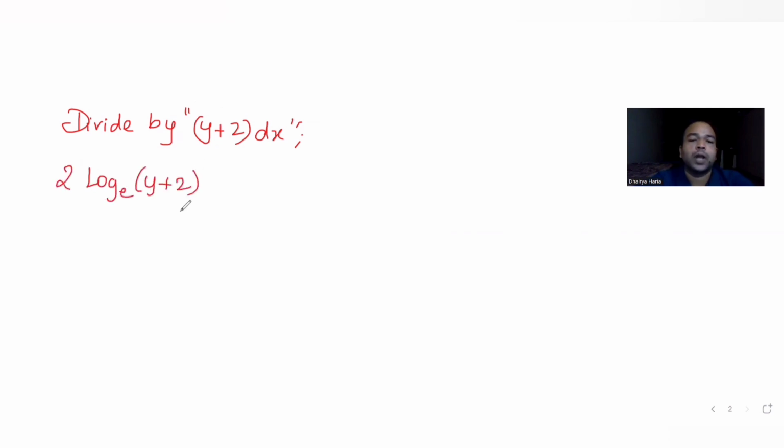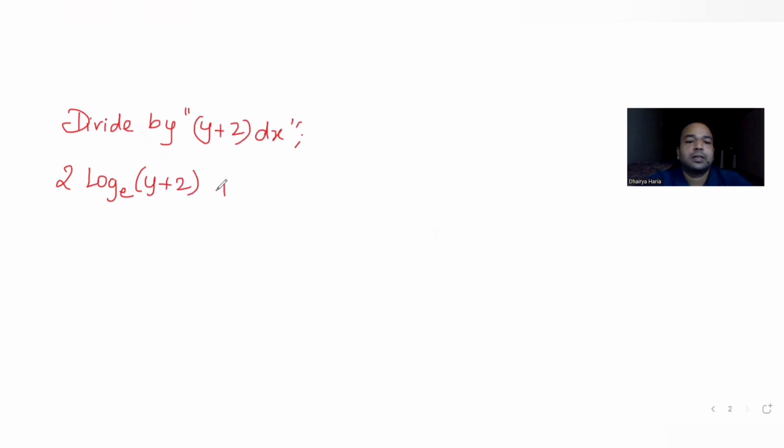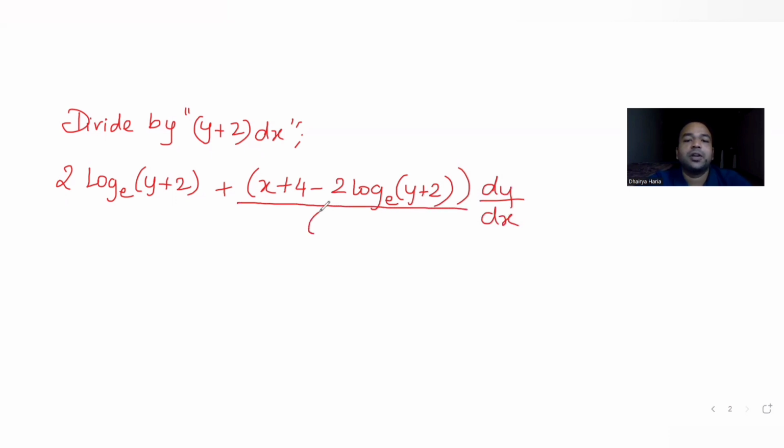What I'll do is divide my entire differential equation by (y + 2) and dx. So I get 2 log_e(y + 2) plus (x + 4 - 2 log_e(y + 2)) dy/dx, divided by (y + 2), equal to 0.